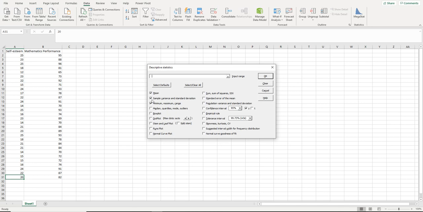In this case, I am going to deselect the variance, the standard deviation, and the minimum, maximum, and range, but I'm going to click the confidence interval since the confidence interval is already included in the statistics and probability topics in your grade 11. Click the input range and then highlight the data that you're going to analyze. Do not include the words, only the data that you're going to select. Then click OK.